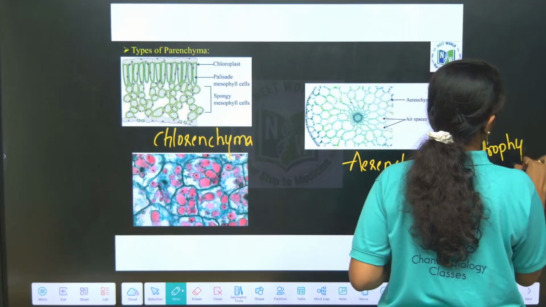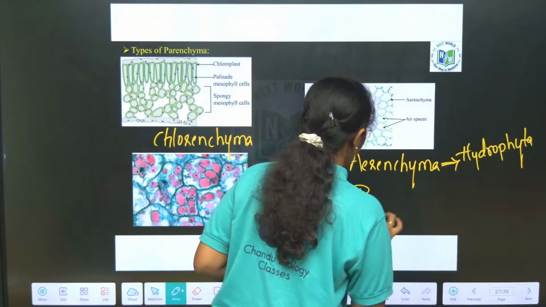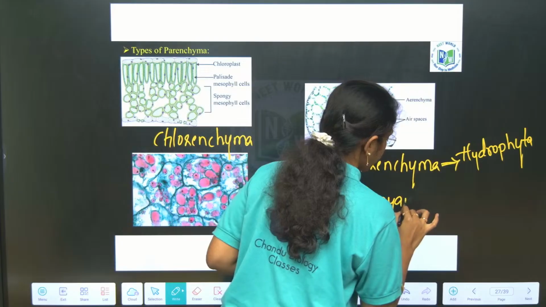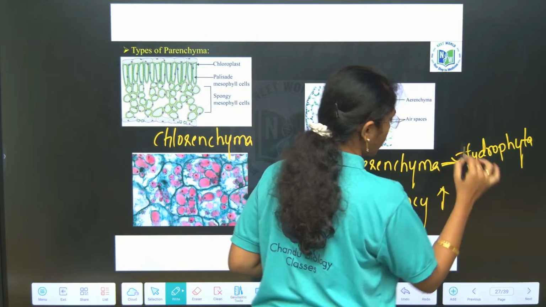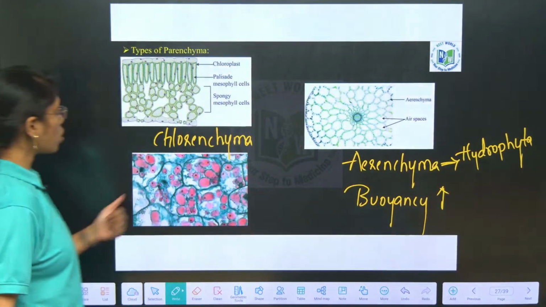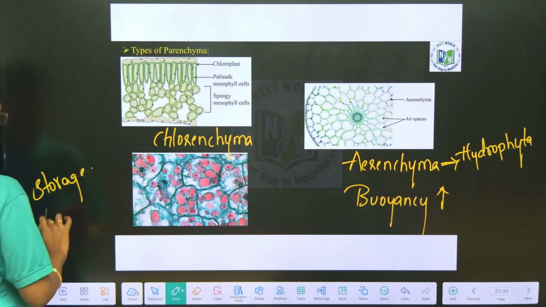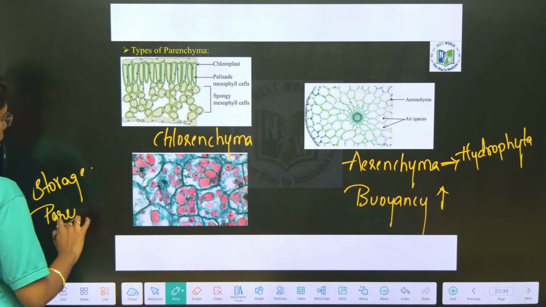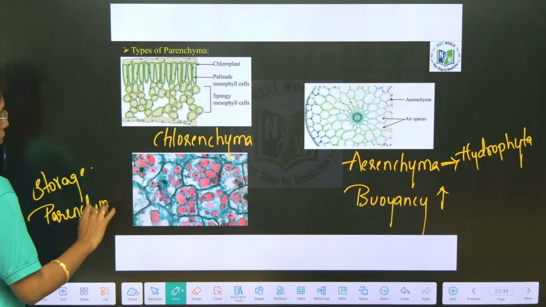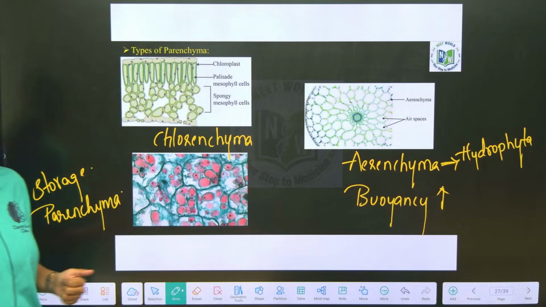What is the major activity? Promotes buoyancy. Next, storage parenchyma, which stores food. Clear, right?